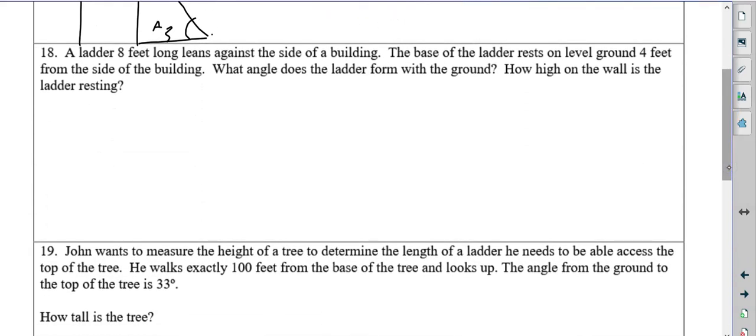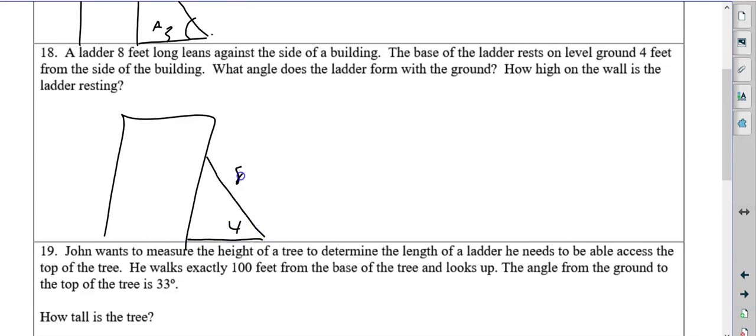A ladder 8 feet long leans against the side of a building. The ladder is 4 feet from the side of the building. So here's my 4. Here's my 8. What angle does it form? Same problem. Cosine of x equals adjacent over hypotenuse. Second cosine, 4 divided by 8, and we get 60 degrees.